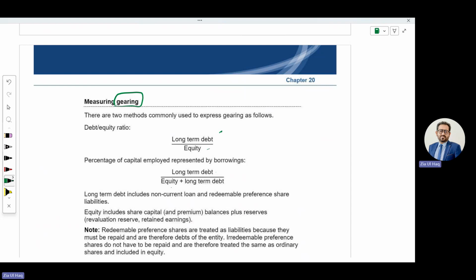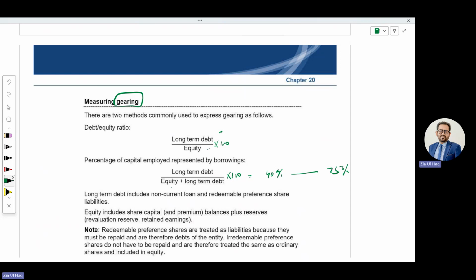Debt means long-term liabilities, loans. Equity means share capital plus retained earnings. The answer could be in percentages, so we multiply by 100, for example 40% or 75%.